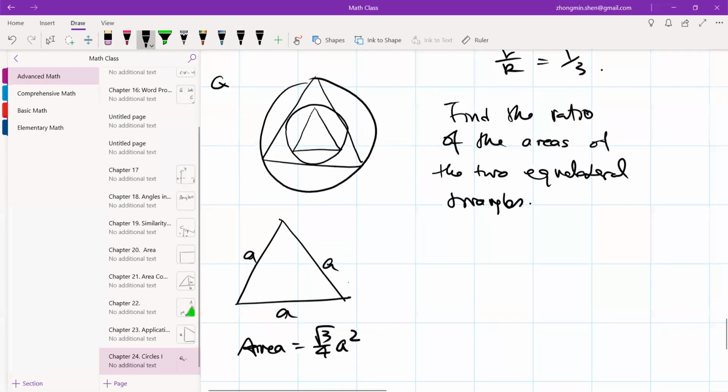So as long as you can figure out the edge length of the equilateral triangle, then you can find the ratio. The ratio means the smaller one over the larger one, it depends on how you say that, right? Usually the area of the smaller one over the area of the larger one.